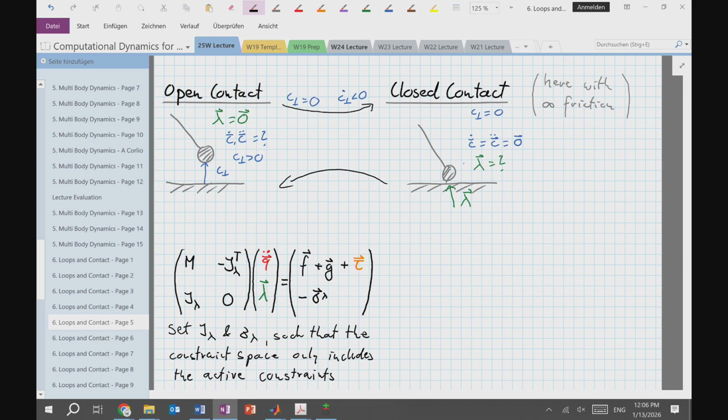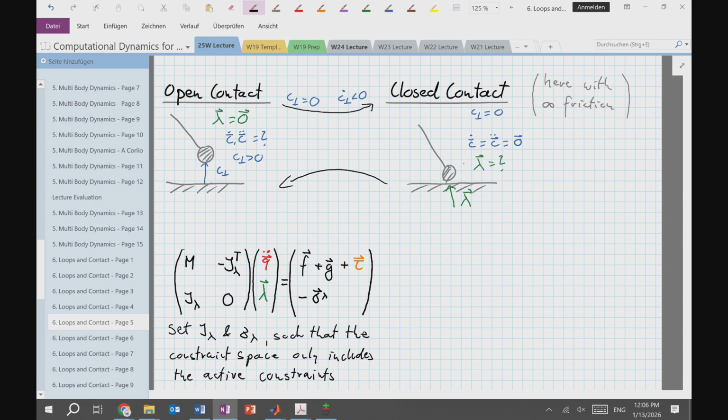But there's a bit of an issue because here I'm treating this not as a unilateral constraint, but as a full constraint that says, get this contact distance to 0 and compute your lambdas so that it stays 0. So once we're here, we're basically stuck. Right? We're mathematically enforcing that my contact distance stays at 0, so it will never automatically become positive.